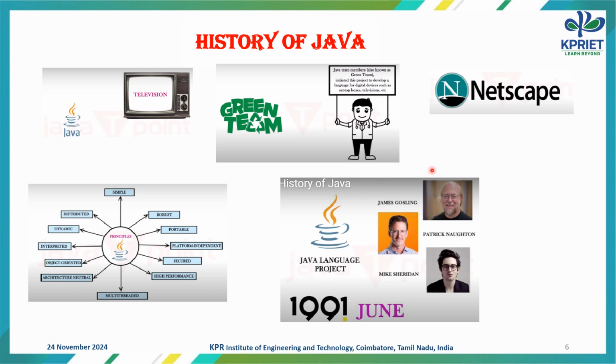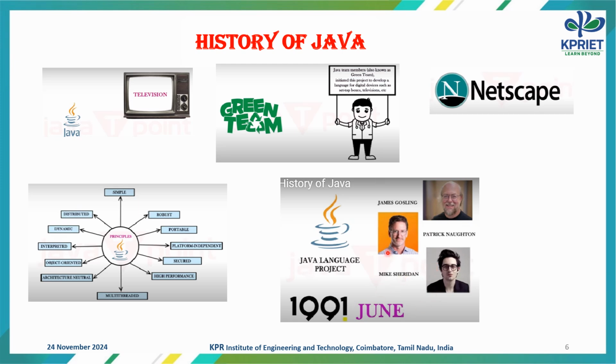This was developed by a great man called James Gosling, who is called the father of Java, in the year 1995. James Gosling and his fellow team members started this Java project in the early 90s.